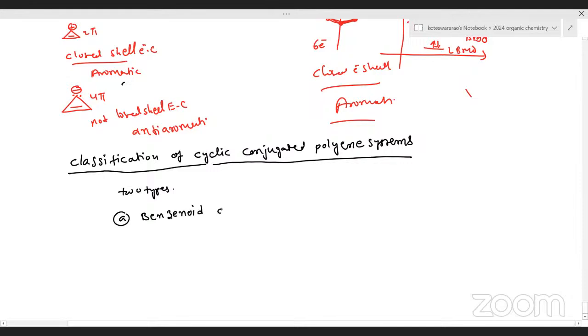Benzenoid and non-benzenoid hydrocarbons.